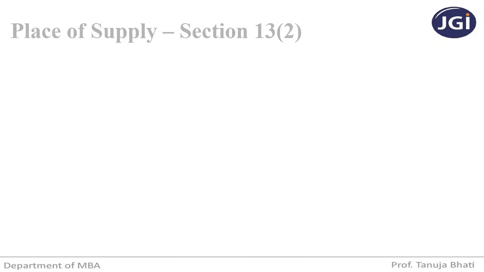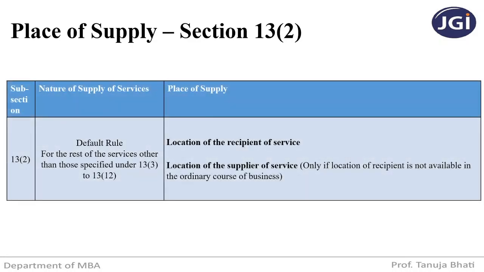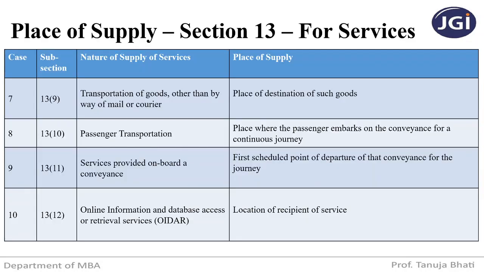So let us see problems on place of supply, and there is a default rule for this as well, section 13 subsection 2. You have to use the default rule when none of the services are covered or specified from section 13 subsection 3 to section 13 subsection 12.